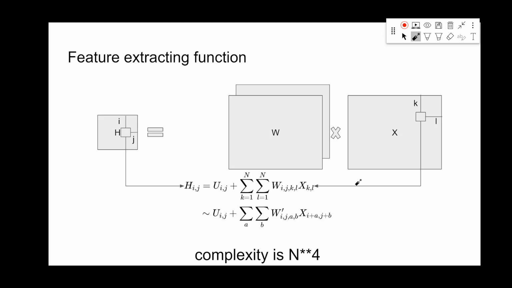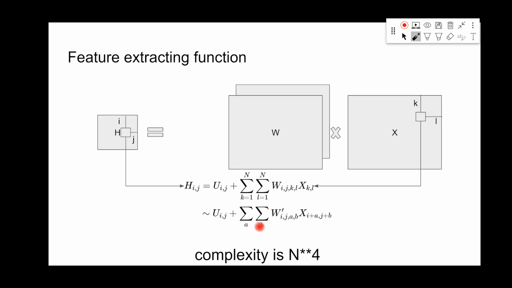So sometimes we rewrite the above equation into another one. We just use I plus A to replace K and J plus B to replace L, and then W_IJKL becomes W_IJAB here. These two are actually the same.